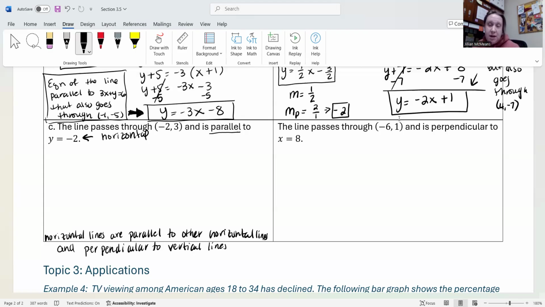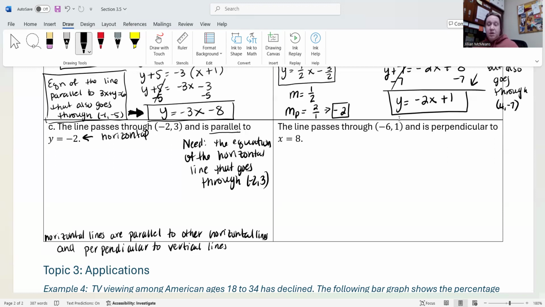Okay, so we know we're dealing with a horizontal line in y equals -2 because it has to cross the y-axis. It can't cross the x-axis. The only way for that to happen is to be parallel to the x-axis, which means this line has to be horizontal. It also has to be parallel to something. So all horizontal lines are parallel to other horizontal lines. So what we need is the equation of the horizontal line that goes through (-2, 3).